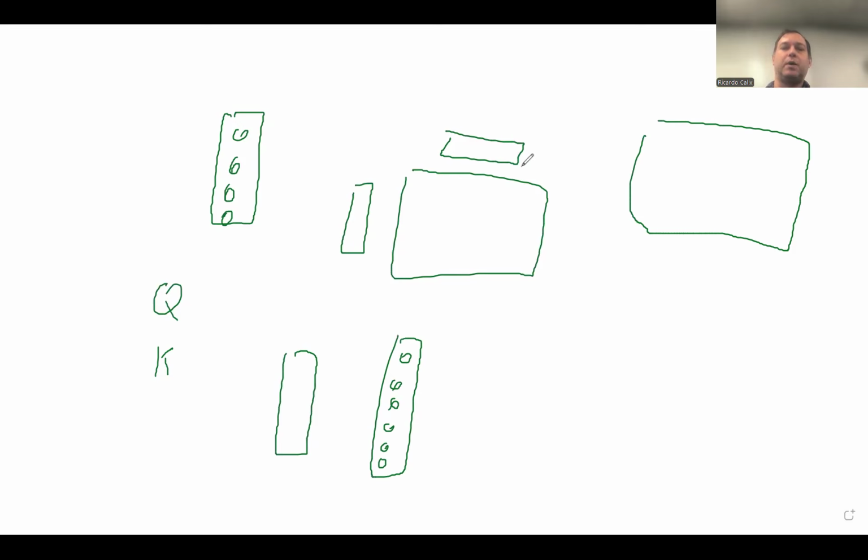Whereas this is 4 and 4, the actual comparison would be between 6 and 6. Do you guys get that? So this is essentially where we're doing the comparison, but that 6 is based on the original 4.